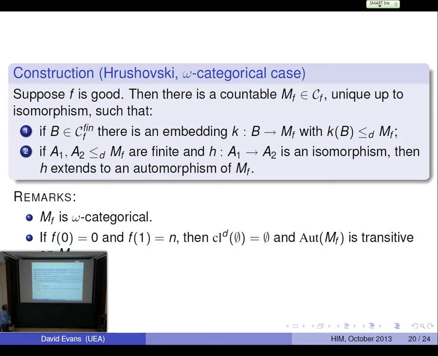And okay, so using this and the fact that the closure is uniformly bounded, you get that this structure is omega categorical. And the second bullet point there is just saying that if you play around with some of the initial values, you can get various transitivity conditions. So for example, if you take f0 to be 0, f1 equals n, then the closure of the empty set will be the empty set, and the automorphism group will be transitive.